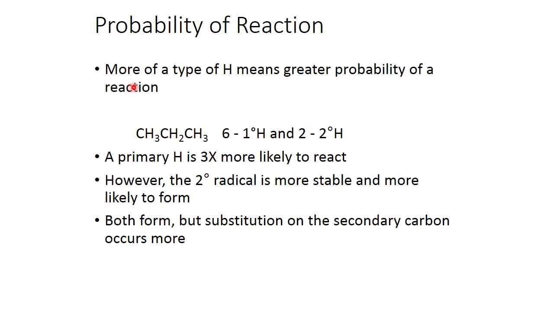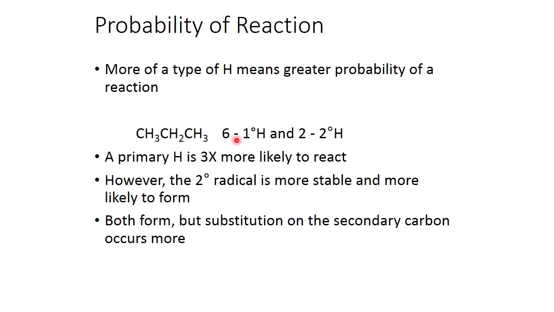But the numbers of hydrogens also affect the probability of a reaction occurring. If I look at propane, I see there are 6 primary hydrogens and only 2 secondary hydrogens.